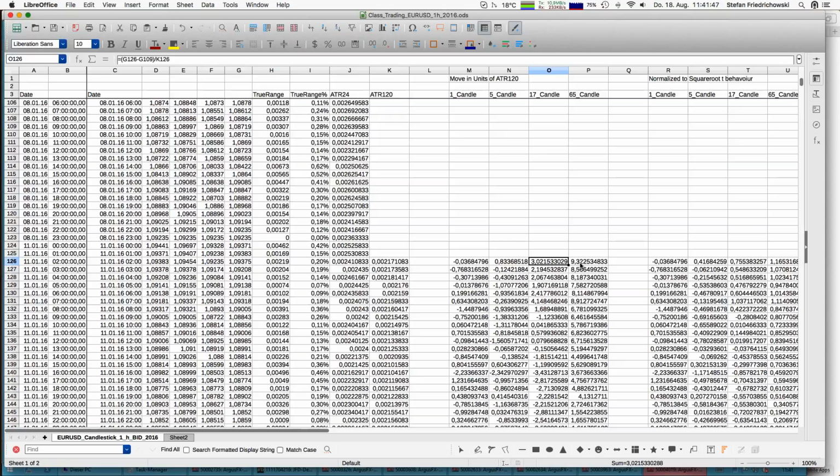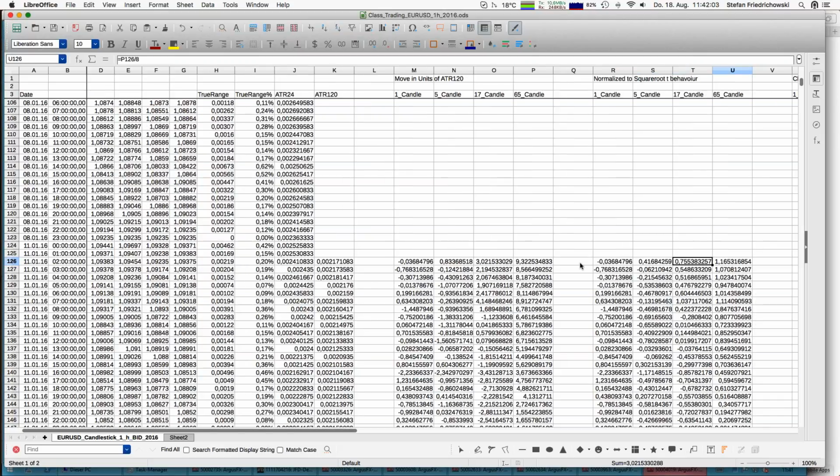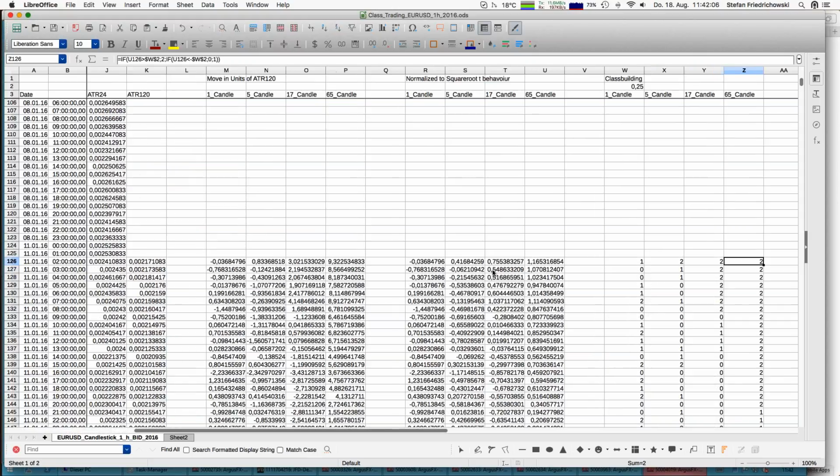So now, therefore, we have to normalize our data a little bit. Normalize in a sense that we know, of course, 65 candles typically have higher numbers in movement than a 1 candle movement or 5 candle movement. So I do that kind of normalization simply by applying that square root time behavior. What does it mean? Since 1 candle does not have to be normalized, I divide my previous result simply by 1.